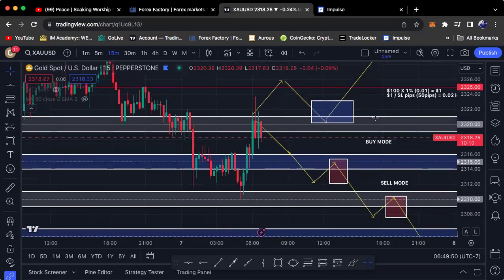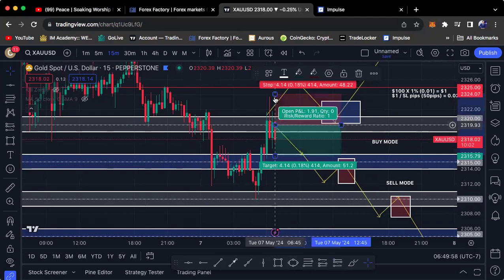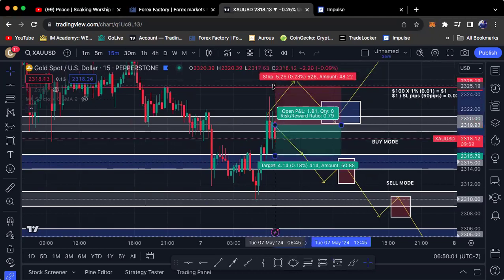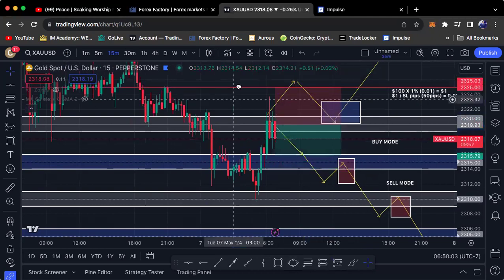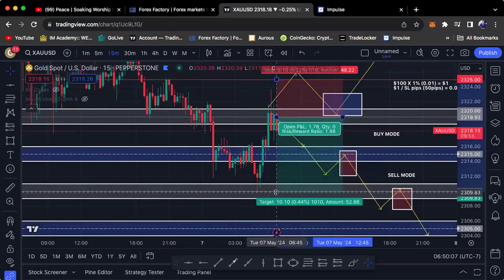At least 100 pips. So I would have done this: 23.25 down to 23.10.